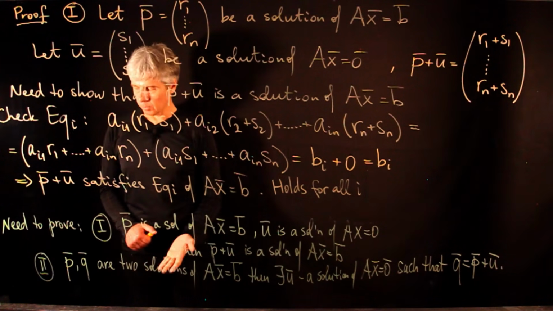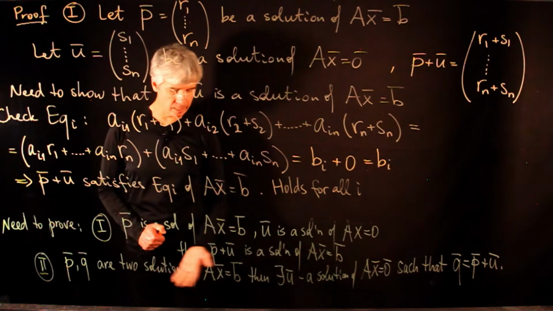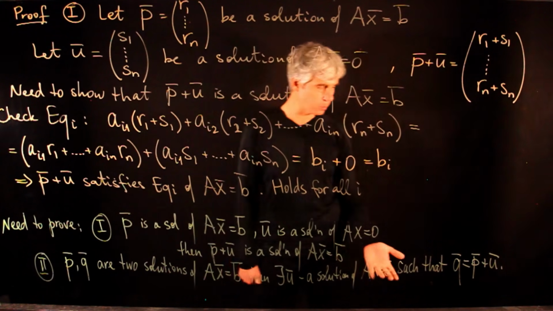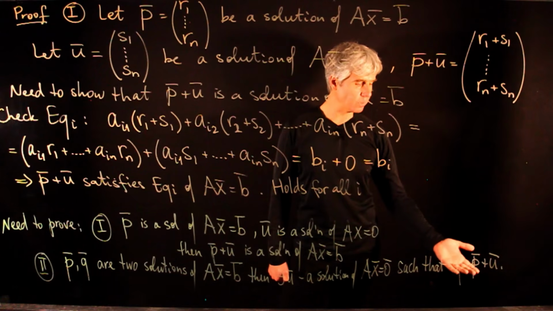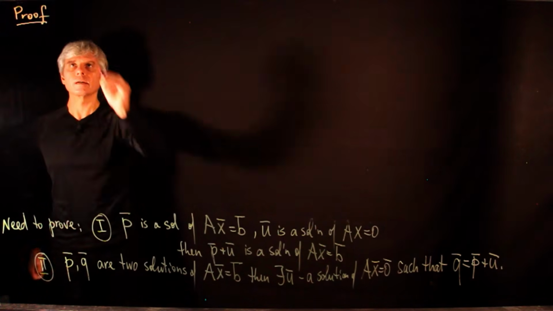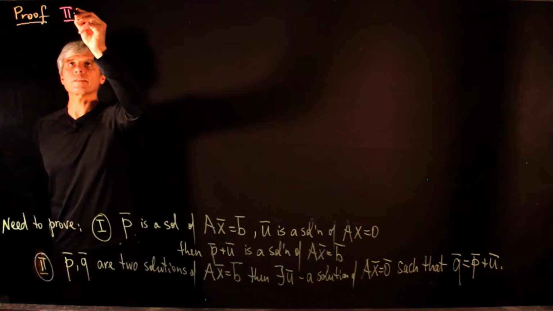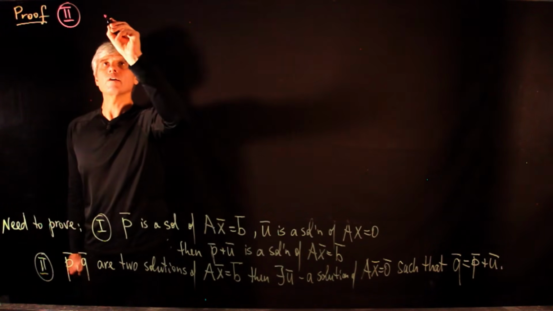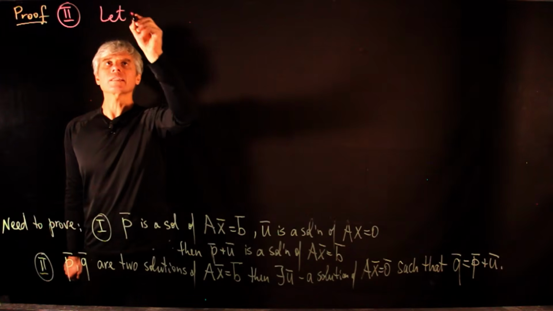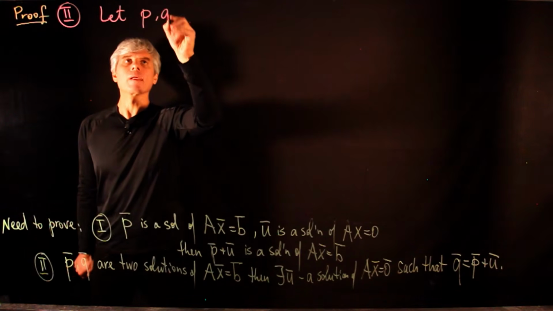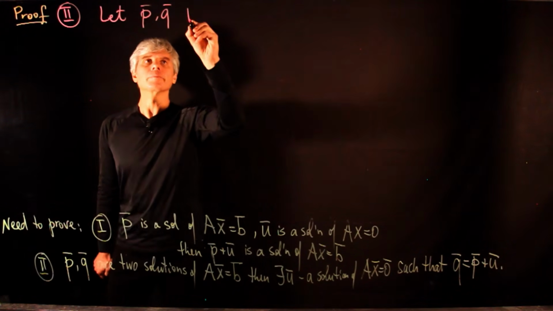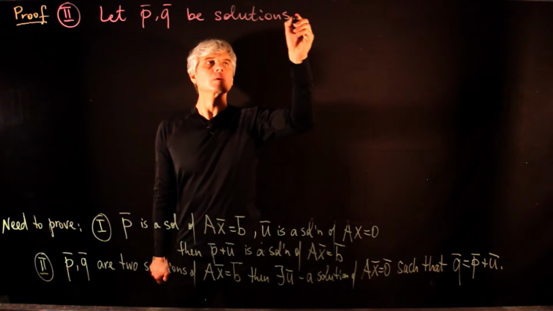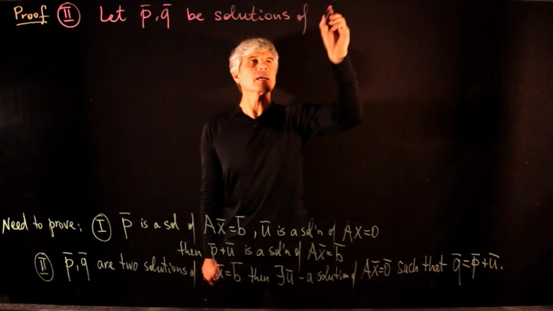Let us now show the second part of this theorem, that every solution of Ax equals b is obtained in the way p plus u. All right, so we're proving the second part. So here we have, let p and q be solutions of Ax equals b.